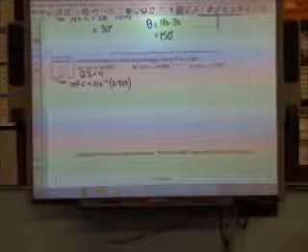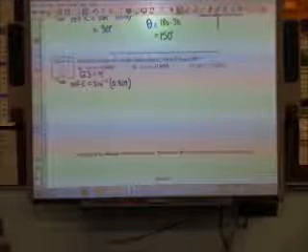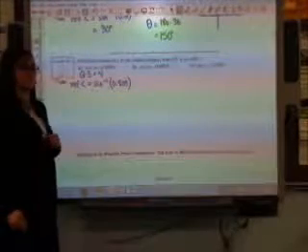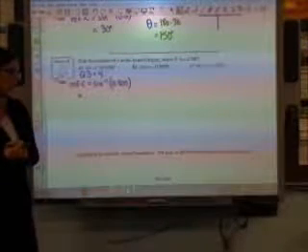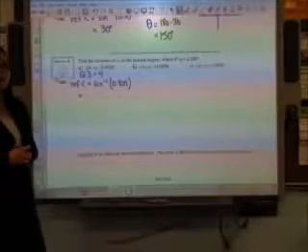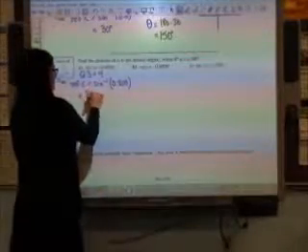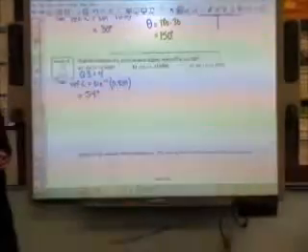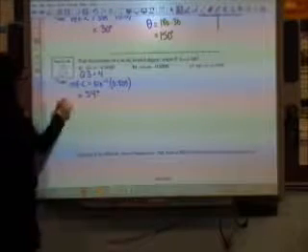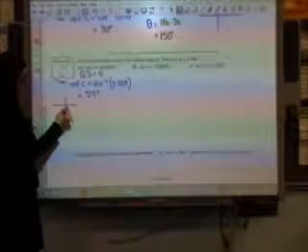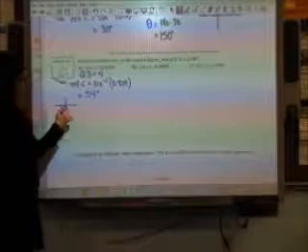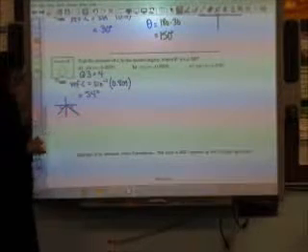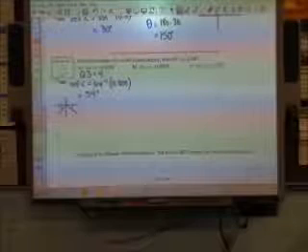If you go sine inverse 0.809, to the nearest whole degree, what do you get? So my reference angle is 54 degrees, which means if I'm in quadrant 3, this is 54 degrees, and if in quadrant 4, that is 54 degrees.